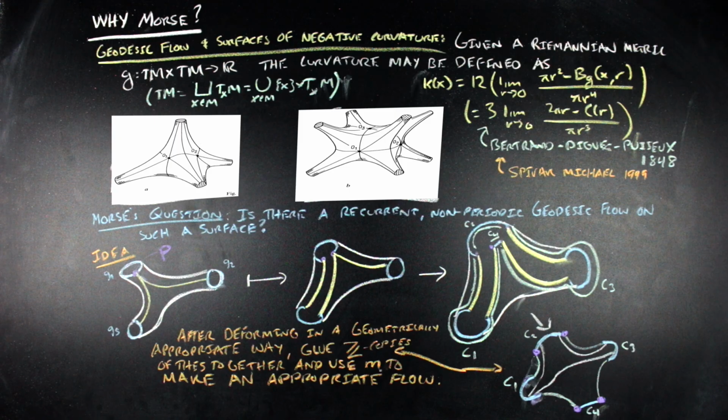So Morse's process of cutting up the surface in this way and mushing it around and getting to the point where he can glue the surface to itself in this Z product kind of way, and then using the Prouhet-Thue-Morse sequence, which he discovers in his own right via a slightly different definition, is one of the first examples of the use of two-sided symbolic dynamics and its application to dynamical systems.